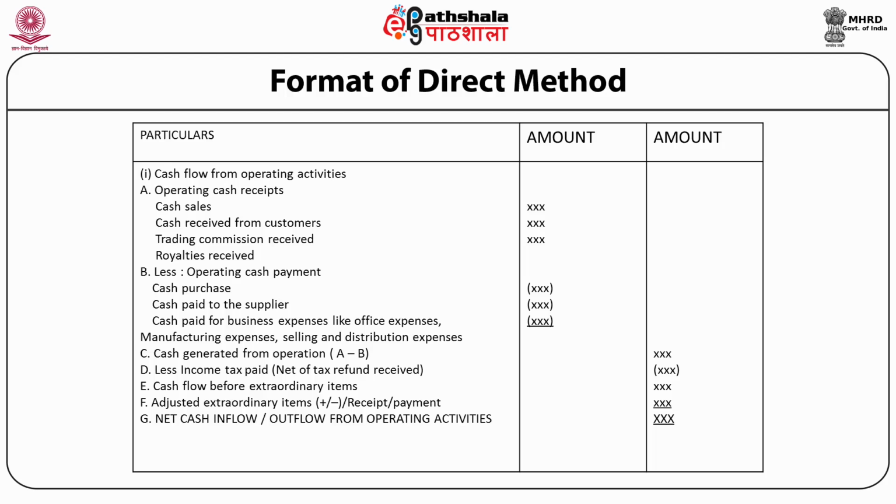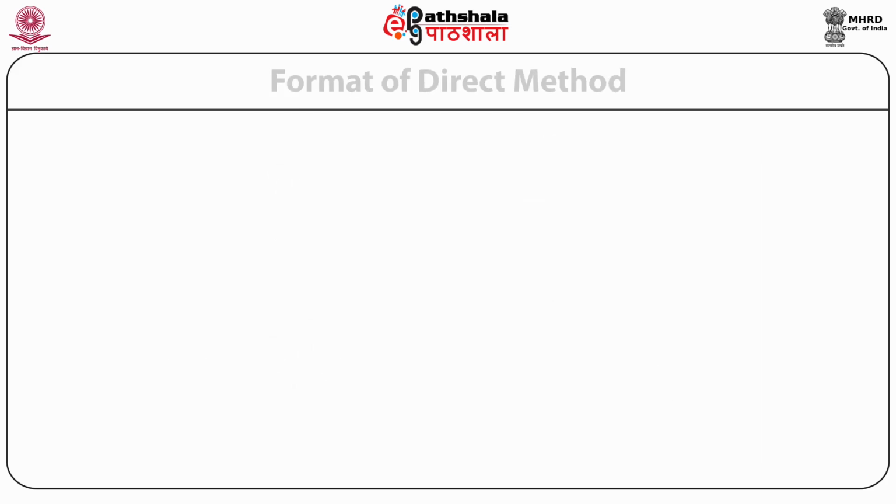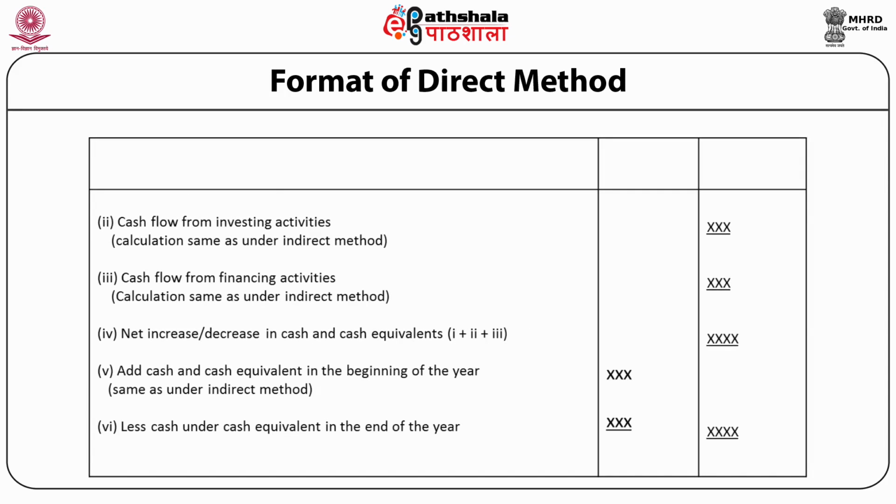Now after cash flow from operating activities which we just found out, we'll move on to second part of cash flow statement, that is cash flow from investing activities. So calculation of all these cash flow from investing activities is similar as under the indirect method.